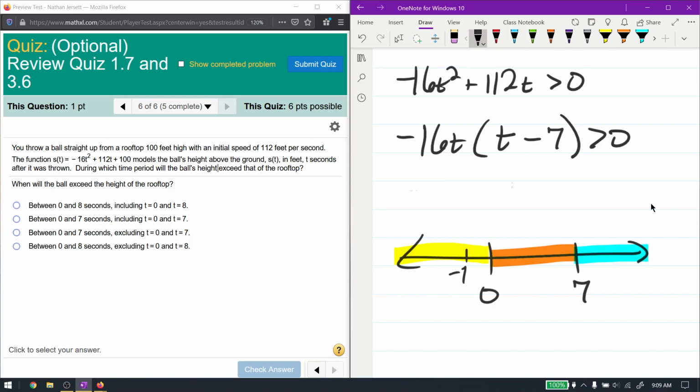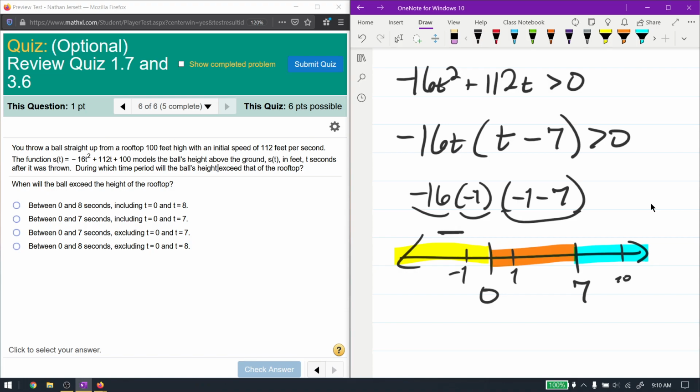We can test -1, +1, and something like 10. -1 gives me -16 times -1, times -1 minus 7. Negative times negative is positive. This is a negative as well, so it's going to be negative. All right, test +1. We're going to have negative times a positive, which is negative. And this is also negative.